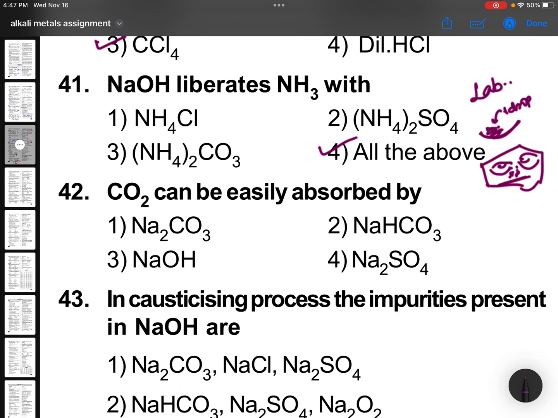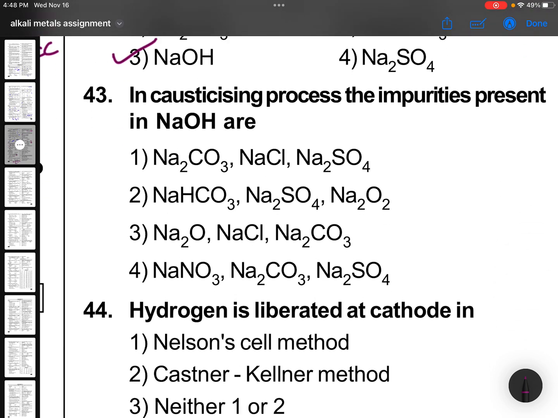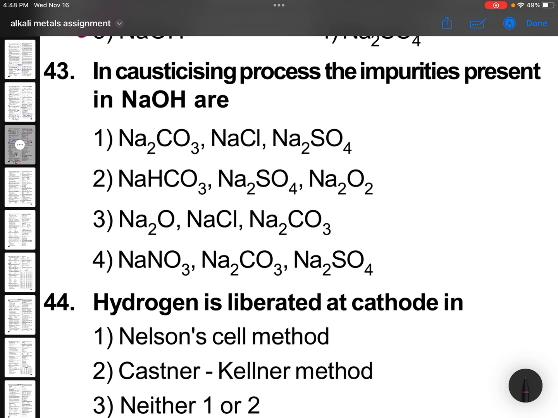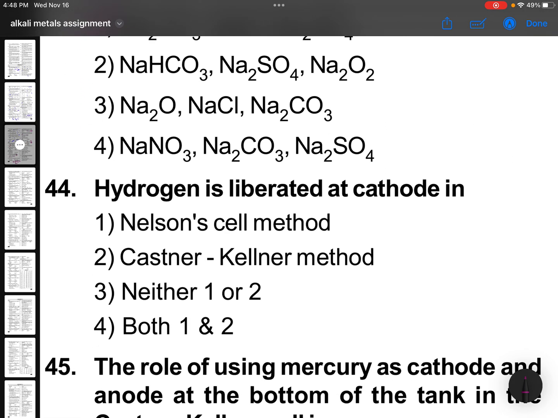Coming to the next question: CO2 can be easily absorbed by sodium hydroxide because sodium hydroxide is a base and carbon dioxide is an acid. In the causticizing process, the impurities present in NaOH are... Causticizing means you are preparing sodium hydroxide; I think it is not there, but you can remember the impurities.